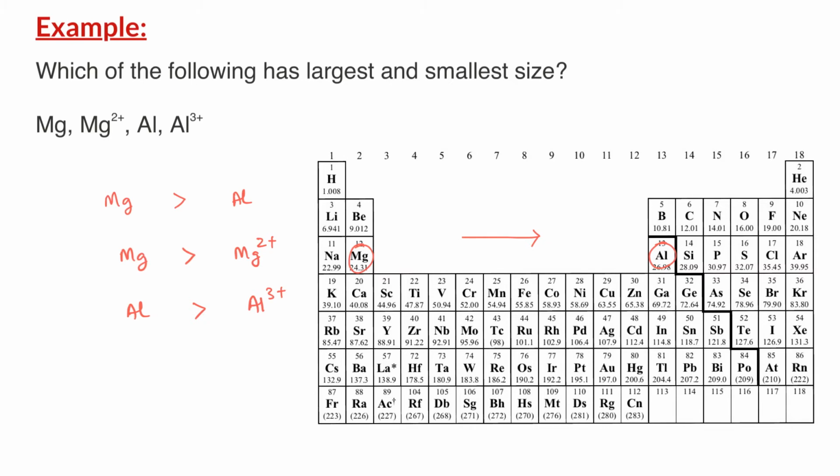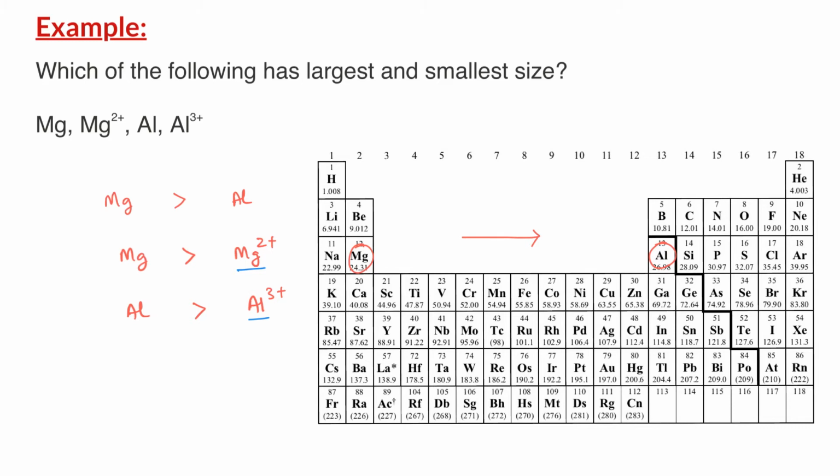We also know that magnesium 2+ and aluminum 3+ are isoelectronic with each other. That means both of them have the same number of electrons. When you are comparing an isoelectronic series, the ion or atom with greater nuclear charge will be smaller in size.